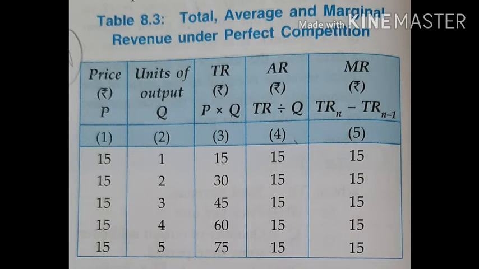Since a firm under perfect competition is not required to reduce the price while selling more units of output, the average revenue is constant because all the units are sold at the same price, and average revenue is the revenue earned per unit of output, right? So under this kind of market, the average revenue of the firm is constant at all levels of output.